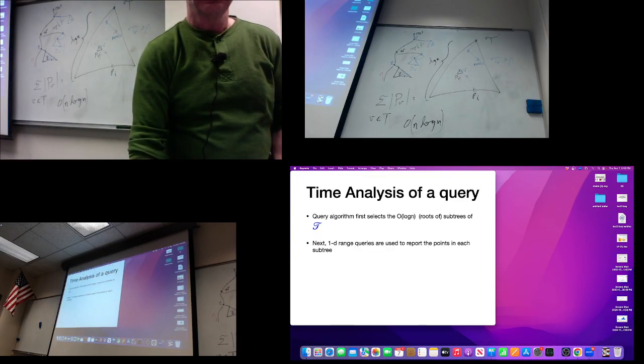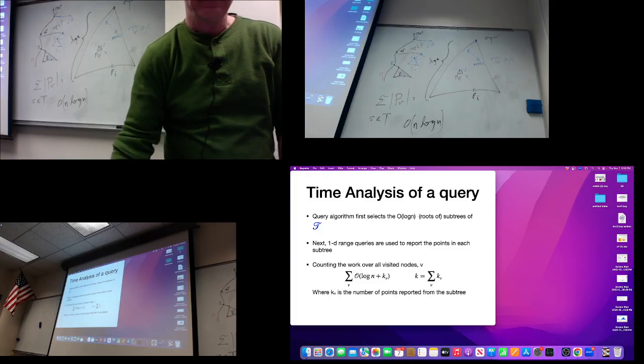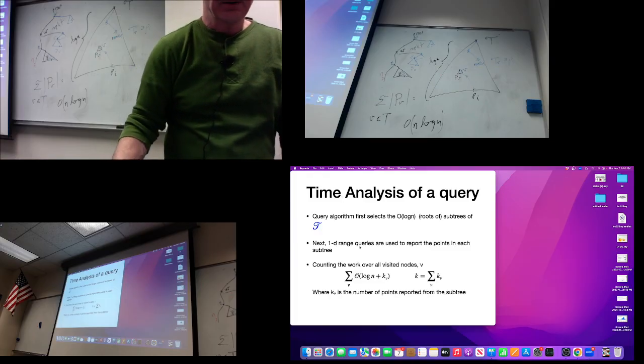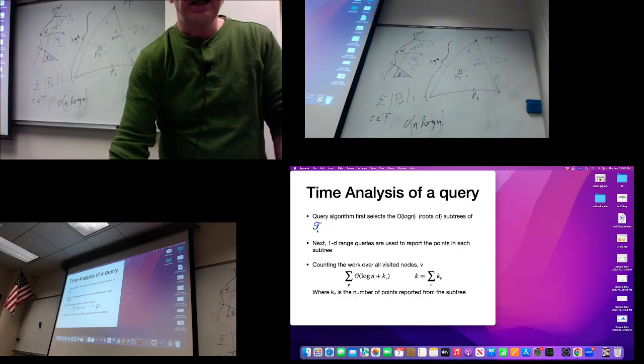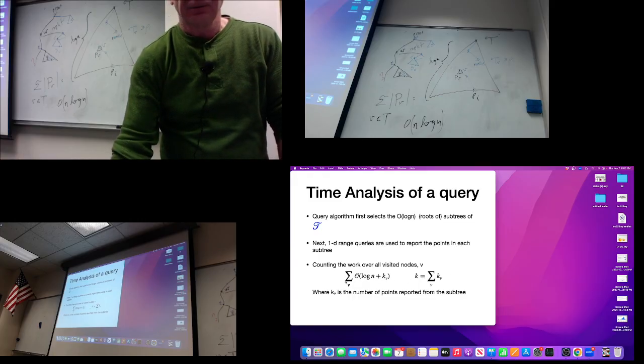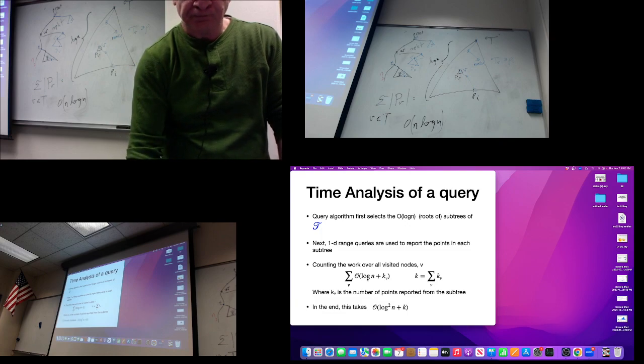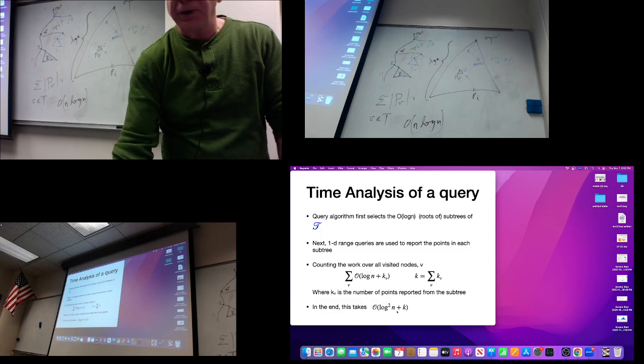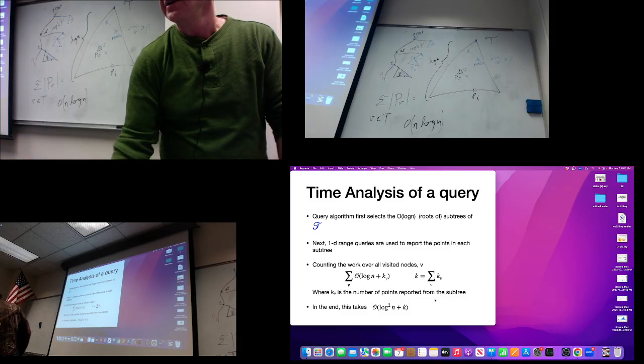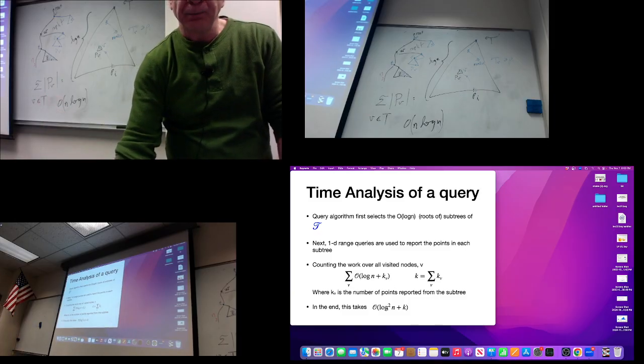Right. So time analysis, well, the slides are not in the order I wanted. The time analysis for a query would be a sum of log n plus what you get from every vertex v. So the running time will be, as we said, log squared n plus the output size. I don't double report, think about it.